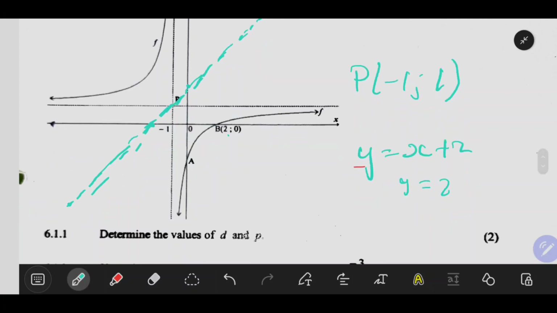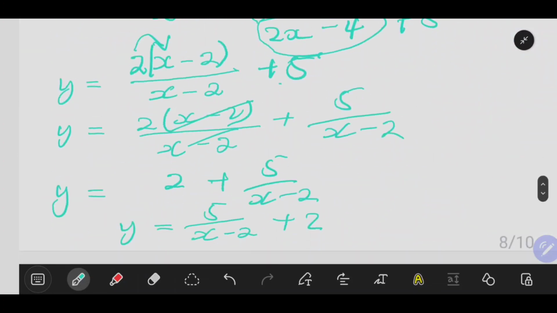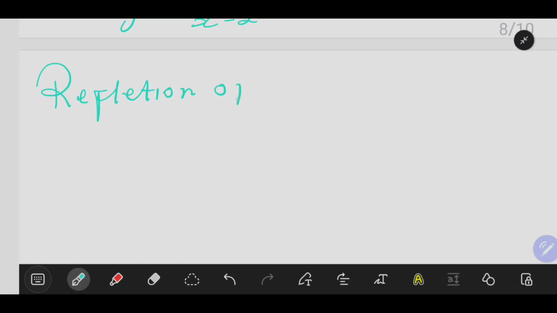Then you are done in that way. So the reflection of point B, let me write it down, which is (2, 0), now becomes (0, 2).